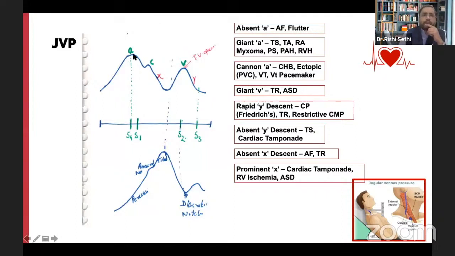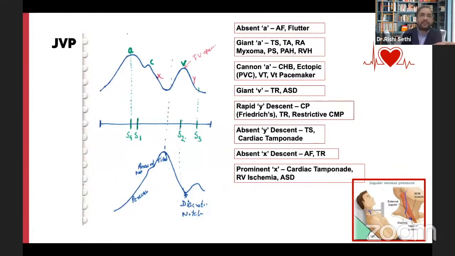So in the X descent, the first part of X descent between A wave and C wave, the atria have gone into contraction and then they go into relaxation. So the first downslope of X descent is because of the atrial relaxation, and the tricuspid valve closes at the C wave. And so the next part of X descent is because of the descent of the base.